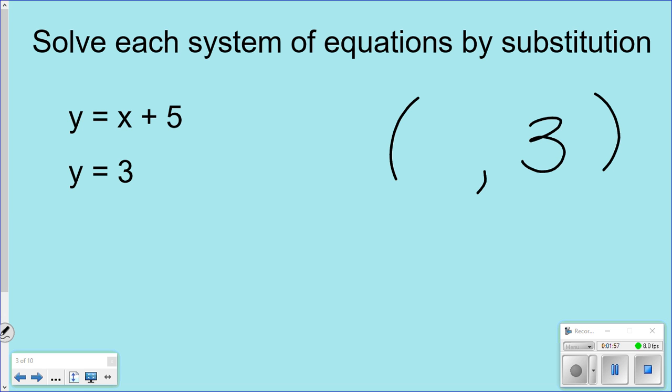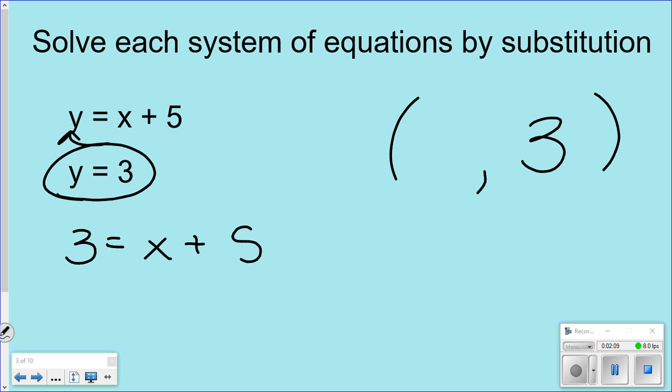Then, to solve for your x, you're going to take your y, and you're going to put it in for y in this equation. So it's going to be 3 equals x plus 5. Well, how do you solve this then? Do you remember? What are you going to do? Subtract what? Subtract 5, not 3.